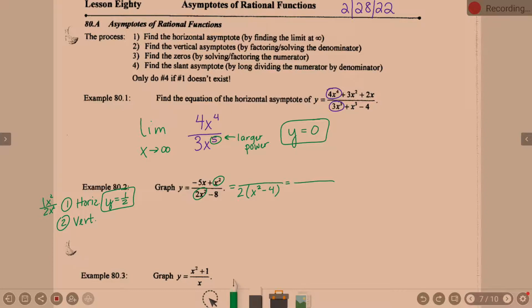And so then if you continue to factor, you've got the 2, and then x squared minus 4 is x plus 2 and x minus 2. So again, vertical asymptote is setting your denominator equal to 0. And we do end up with x equals 2 and x equals negative 2.